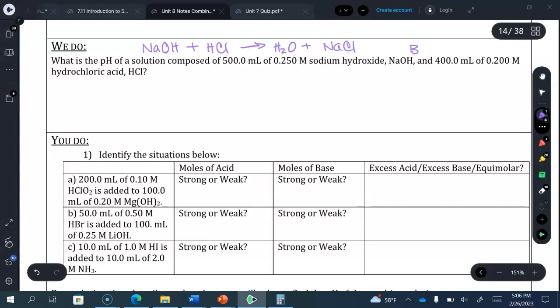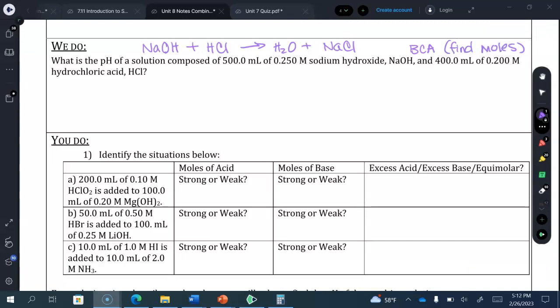I want you to take a minute and use a BCA table. You're going to find the moles of each first. So for this one, you are going to first, and then we'll check back in, use the BCA table, finding the moles of each one first from their concentrations and volumes to determine the excess amount of which reactant.